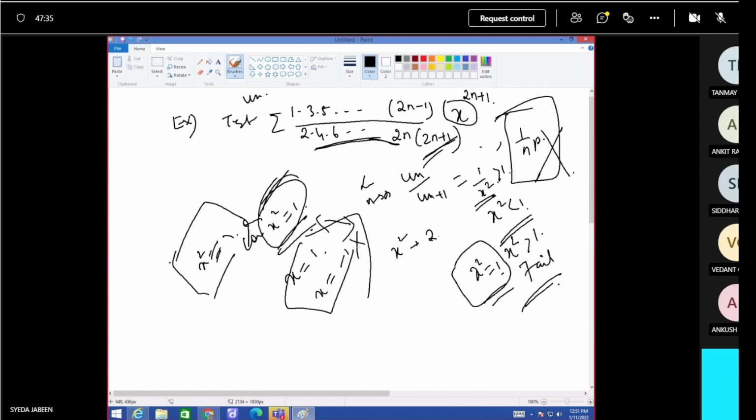Got the point? जैसे अगर तुम्हारा यहाँ पे x square is equal to 1/3 आता है, then x is equal to plus minus 1 by square root of 3. So you have to test at x equal to 1 by square root of 3. Again you have to test at x is equal to minus 1 by root 3. तो ये दो बार टेस्ट करना तो वेस्टेज ऑफ टाइम है, क्या जरूरत है? तो डायरेक्टली यू यूज दिस बिकॉज दिस इज आल्सो अ पार्ट ऑफ दिस टर्म, नो? So directly you can use.